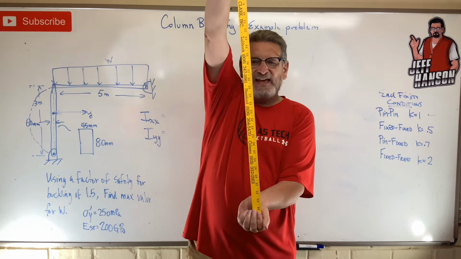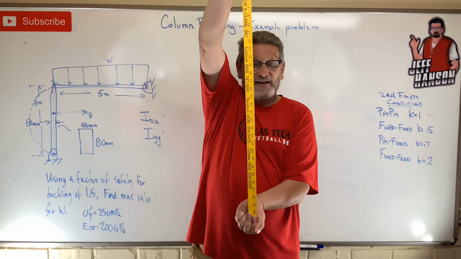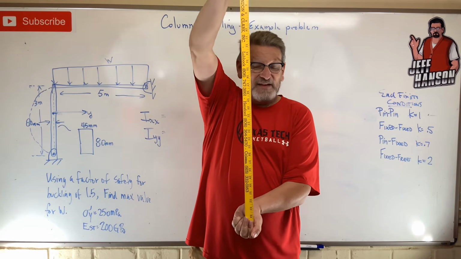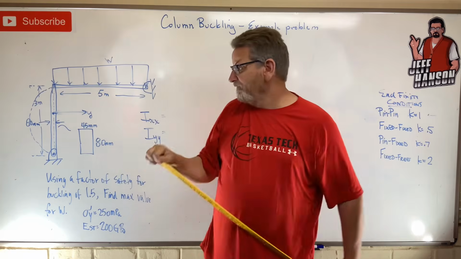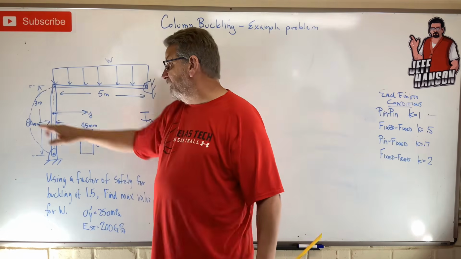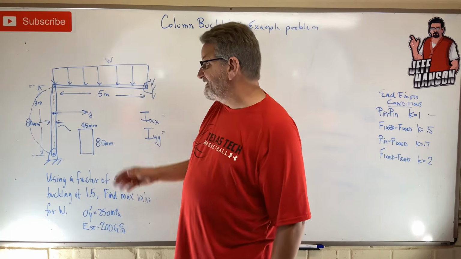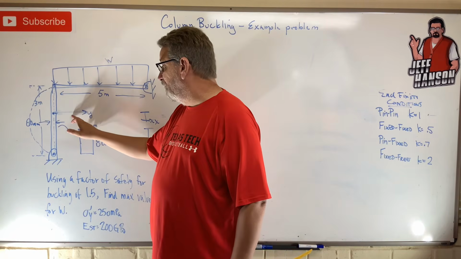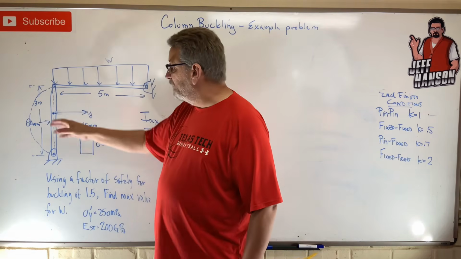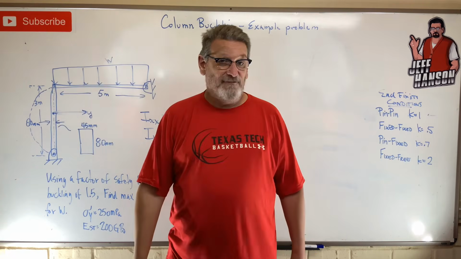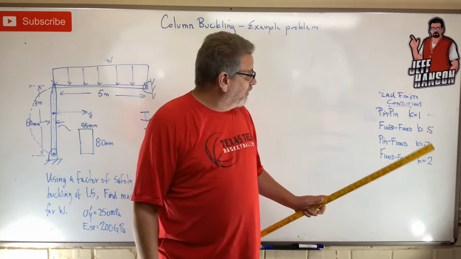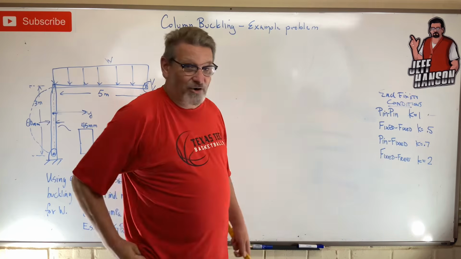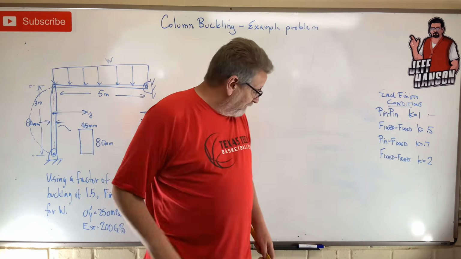It's fixed and fixed, okay? And now the end fixity conditions change. So for bowing or buckling around the x-axis, it's going to be pin-pin. And for buckling around the y-axis, into the board, if you will, it's going to be fixed, okay? So those values right there are going to change for Euler's buckling equation.